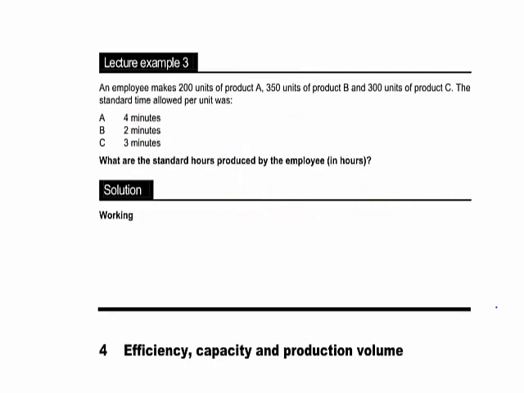So here then in example 3, we're thinking about an employee who's making different types of units, A, B and C, and they've got different standard times available per unit, probably because of the complexity. And what we need to think about then is what are the standard hours that have been produced by the employee. And be careful with these questions that you note the form that the answer is required in, because here we need an answer in hours.